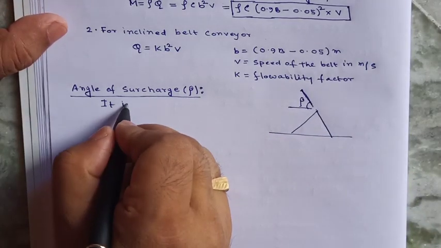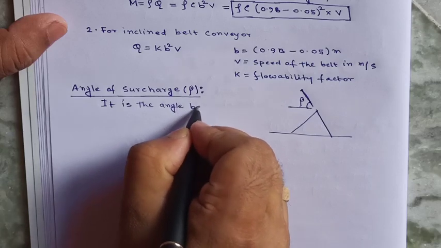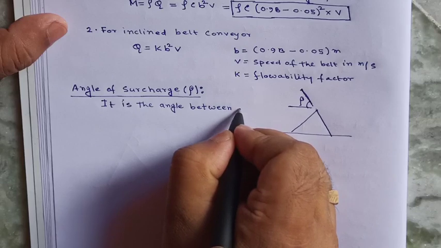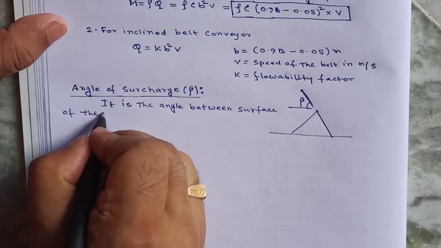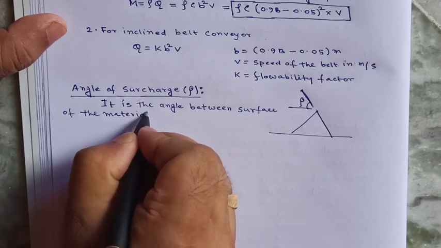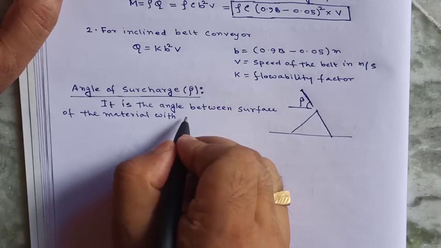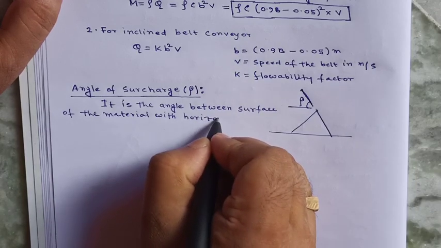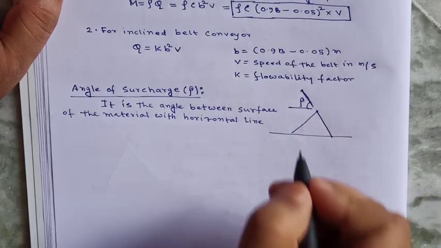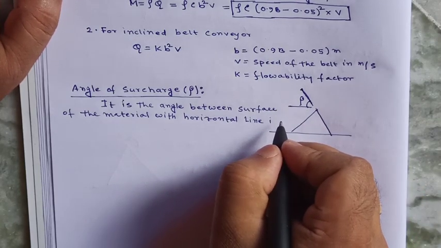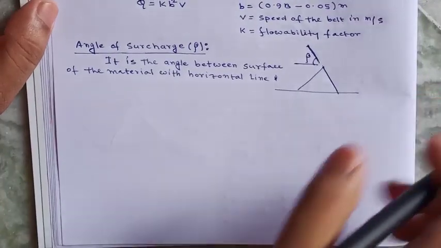So it is the angle between the surface of the material with the horizontal line.